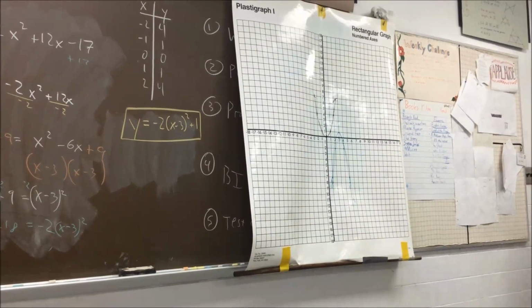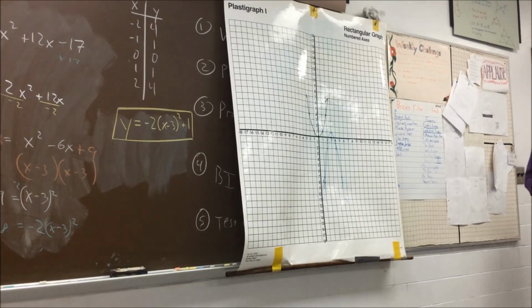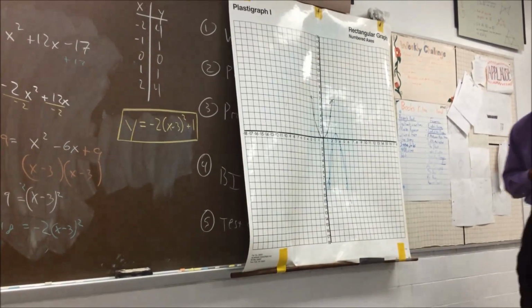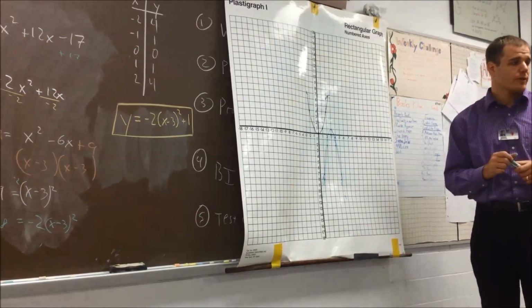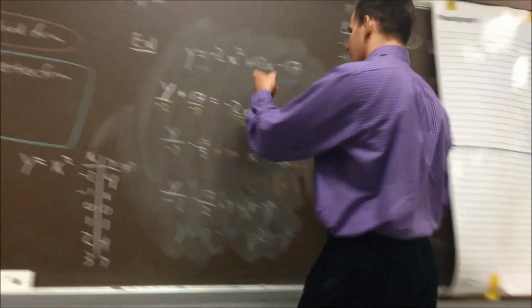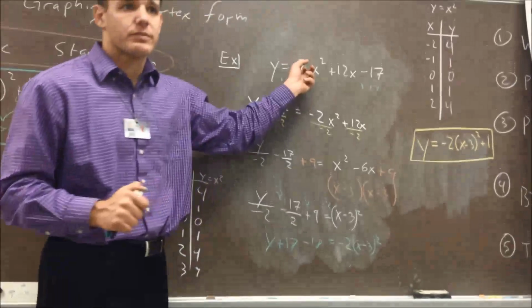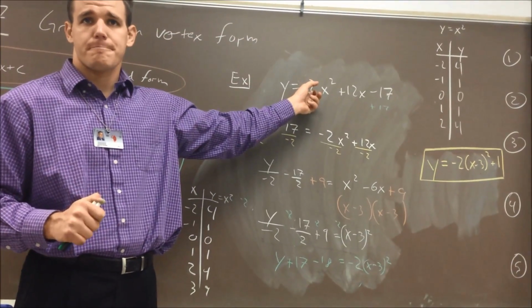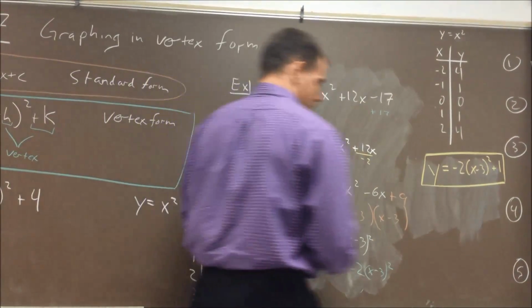And we graphed it. Doing all right? Can you handle the whole divide by -2?